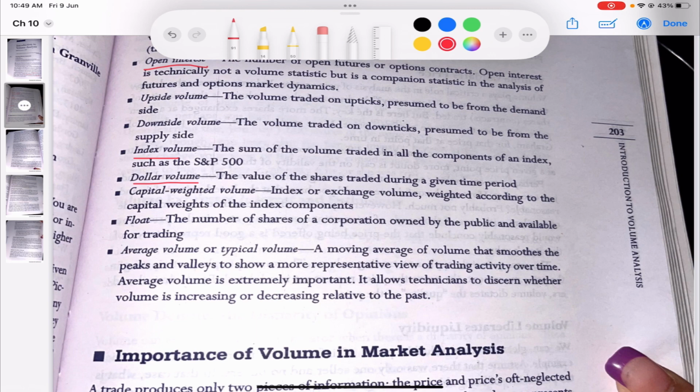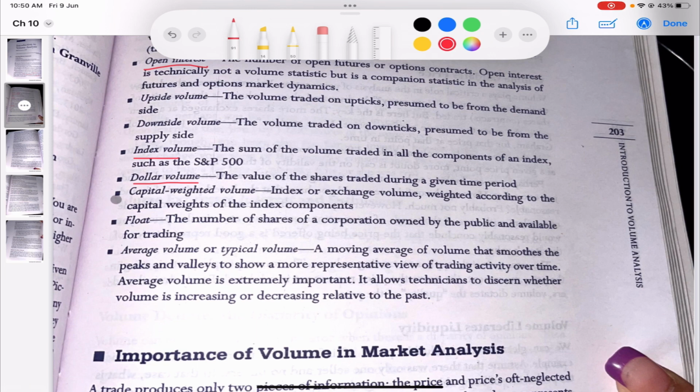So every single thing is somewhere or the other closely related to the dollar. So what is dollar volume? It is the value of shares traded during a given time period. When I say value of shares, it is the number of shares multiplied by the price, which gives you the value of the shares. That is known as my dollar volume.